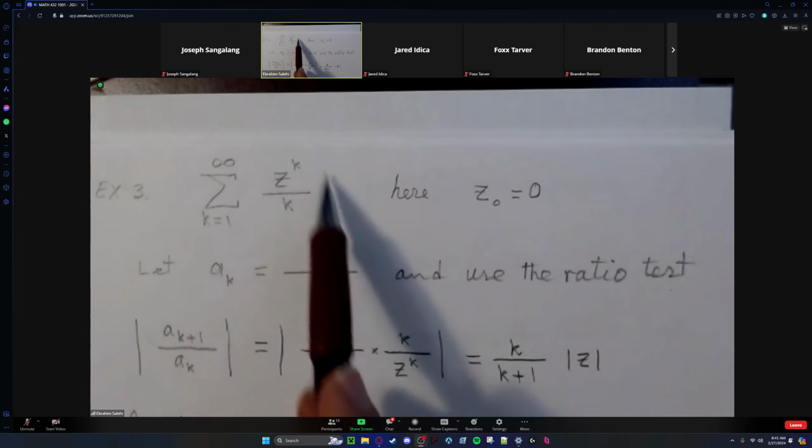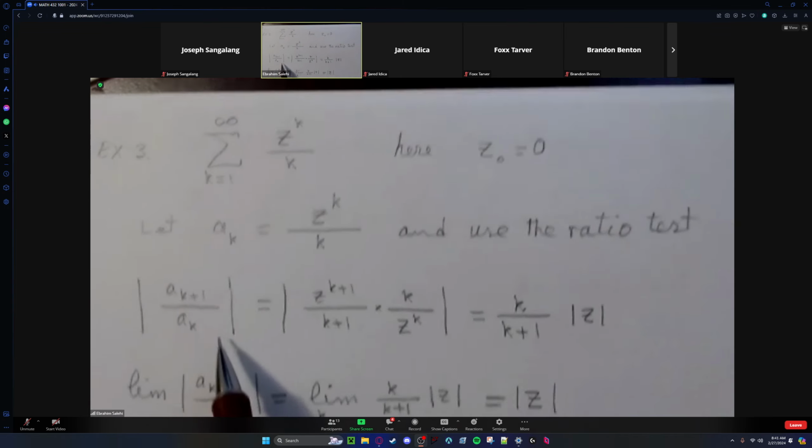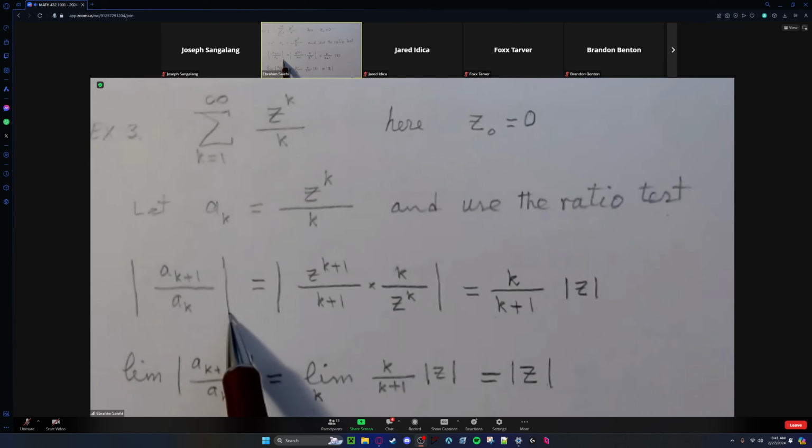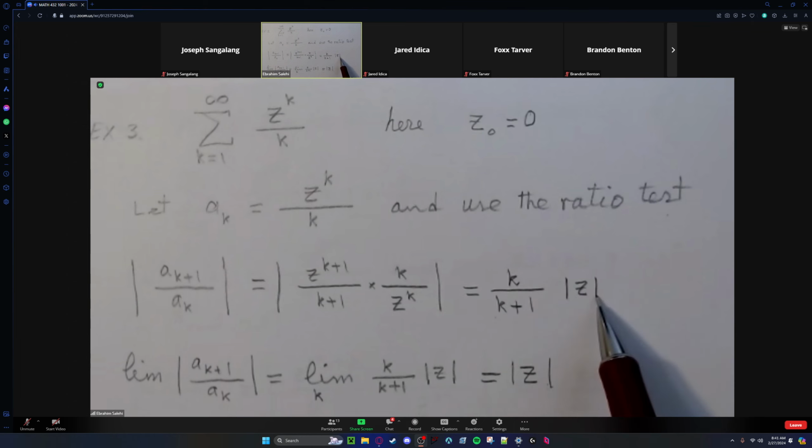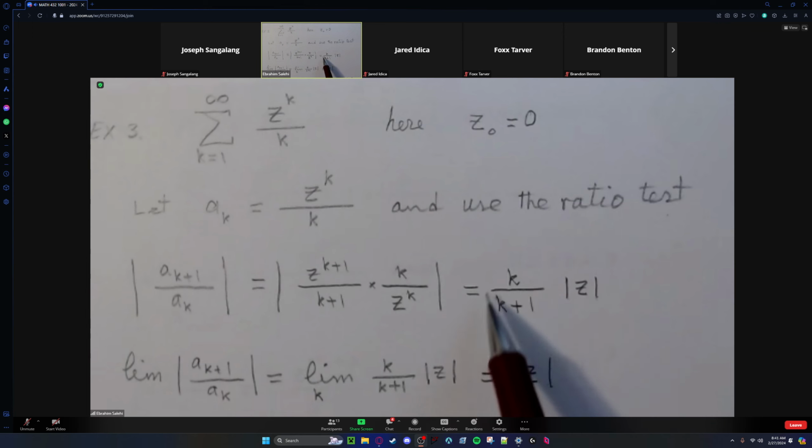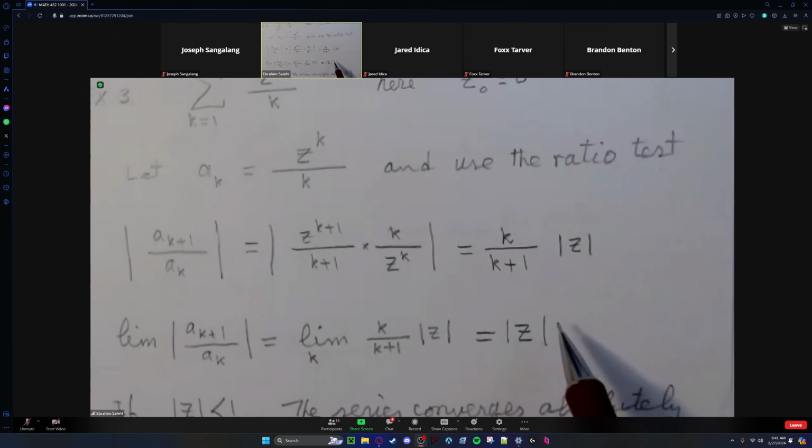So call this one A sub k, and form the quotient for the ratio test. This is what you get. As k approaches infinity, of course, this is 1, so you get Z. This is your L now.